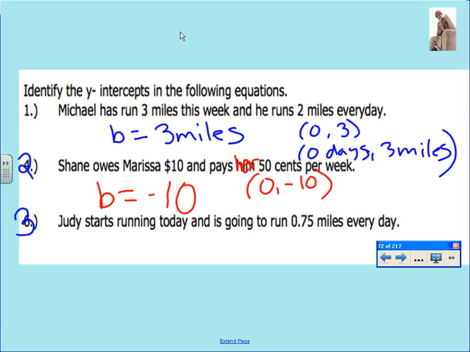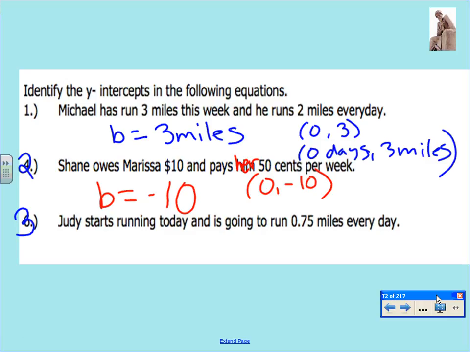So number 2, which we started, and then in class we ran out of time. Since Shane owes Marissa $10 and pays her 50 cents per week, we looked at this from Marissa's perspective. Someone owes Marissa $10, so she is short $10 because she let someone borrow that. Now, we need to put our labels in here.